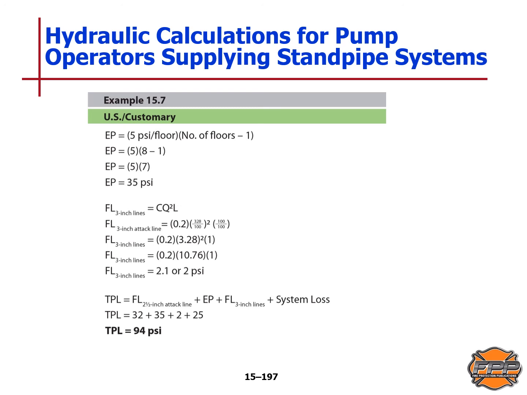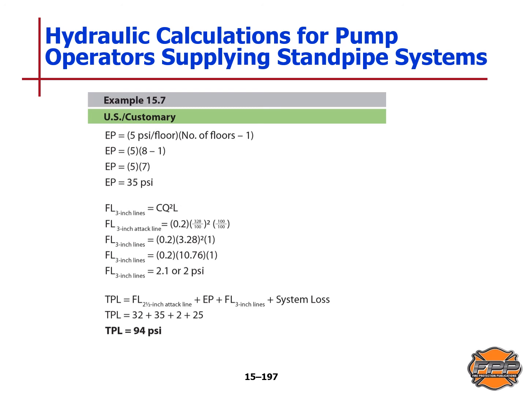Now our friction loss for the 3-inch line is the same formula we used for the 2.5-inch line, which is CQ squared L. So the friction loss for the 3-inch line, when we plug in the numbers, is 0.2, which is our coefficient, times 328 over 100 squared times 100 divided by 100.